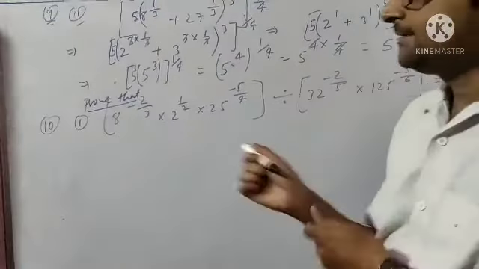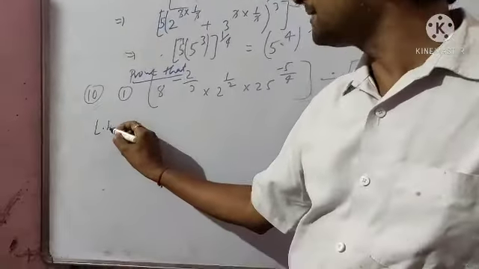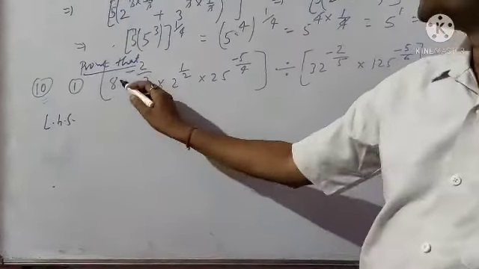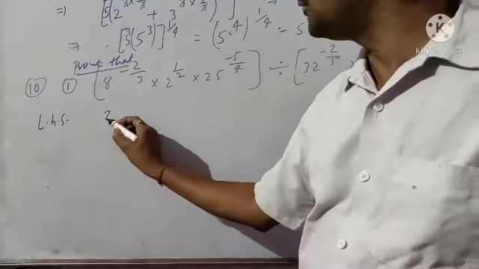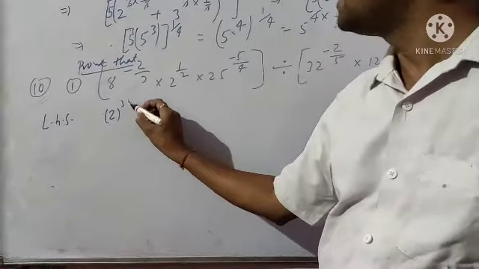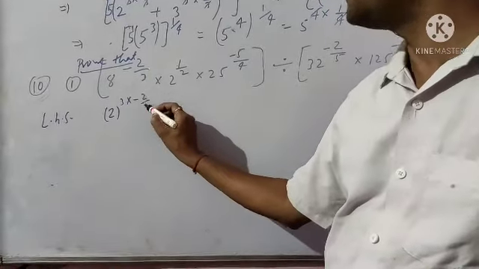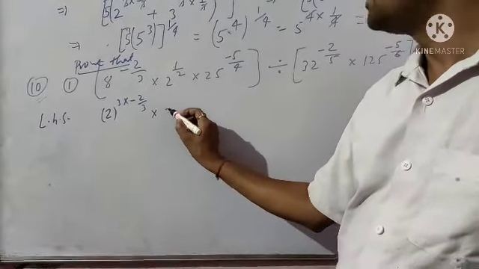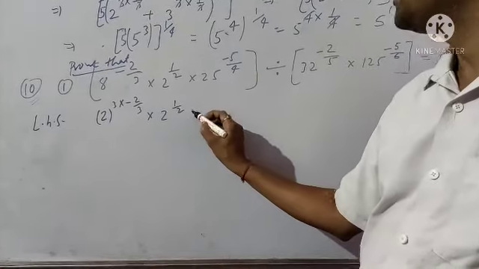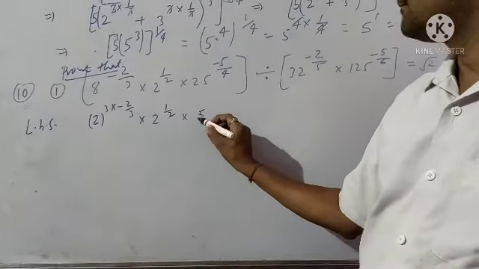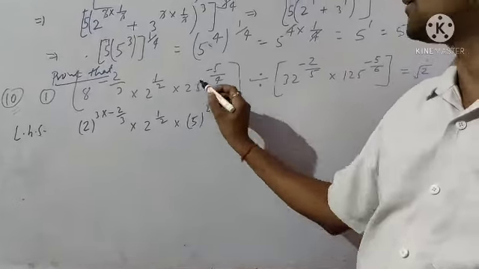Okay student, so we will start from the LHS side. 8 can be written as 2 का power 3 into minus 2 by 3, into 2 का power 1 by 2, into 5 का square. We know that 5 का square is 25.